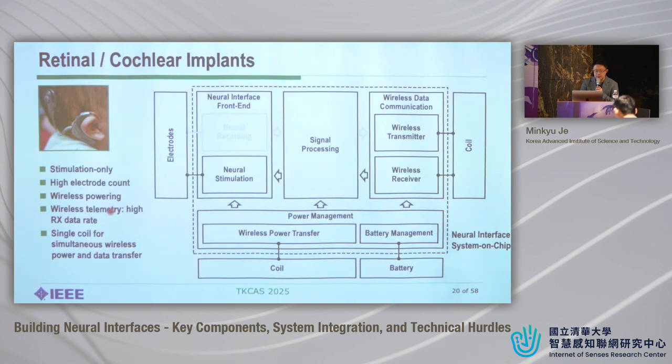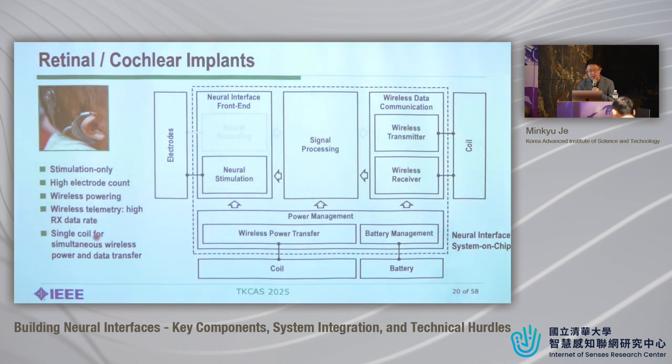Also, because it is fully implantable, it has to rely on only one single coil for simultaneous wireless power and data transfer. Otherwise, the device form factor will be too large and too much invasiveness will result.